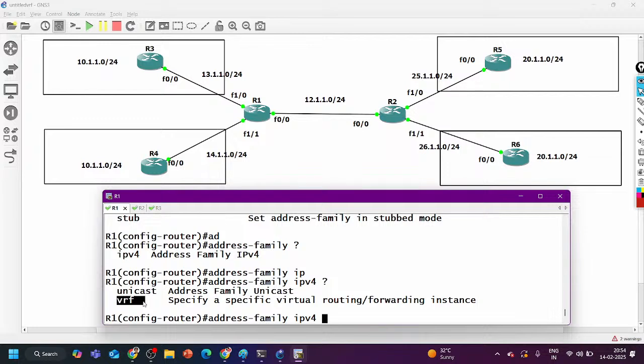Sir, first we configure router EIGRP 10 and then address family, right? Guys, can you tell me, because I didn't see the screen, I was listening.